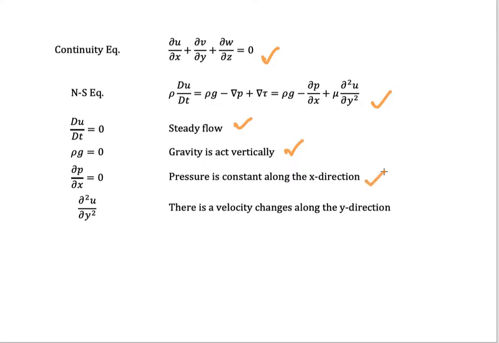The trick is, if you think the pressure is not so influential, we could assume that the pressure gradient is 0 along the x direction, and there is a velocity change along the y direction. So about the y direction here, you need to understand that this statement shows that the velocity profile is a curve, with the no slip condition.